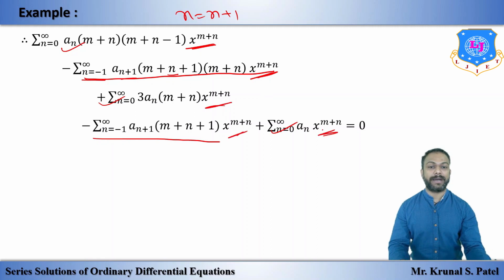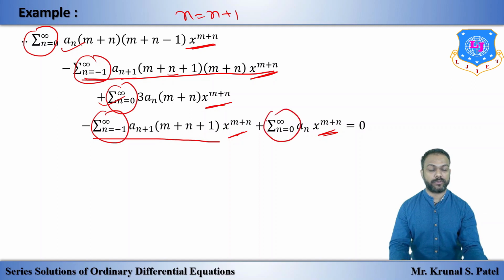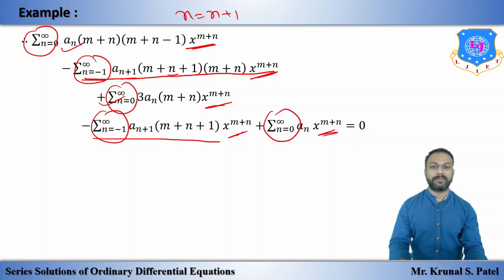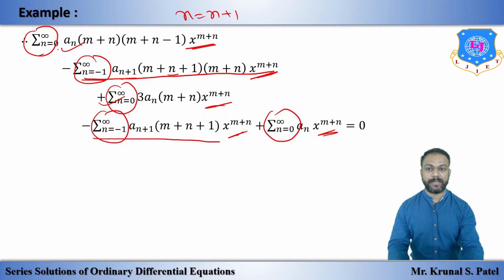Now we will make the power of sigma equal. So now observe, the first term has n is equal to 0, the second has n is equal to minus 1, then n is equal to 0, n is equal to minus 1, n is equal to 0. So in this step, that means make power of sigma equal, we have to just make the maximum starting point. That means here we have starting point 0, this is 0, and 0 is the greater value of n.